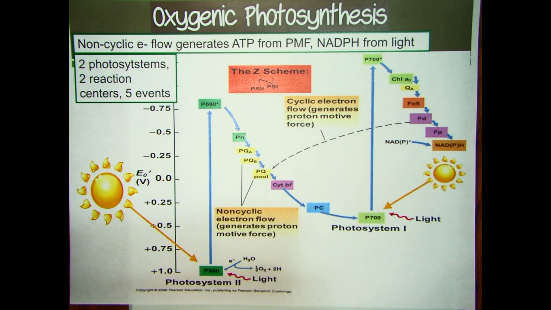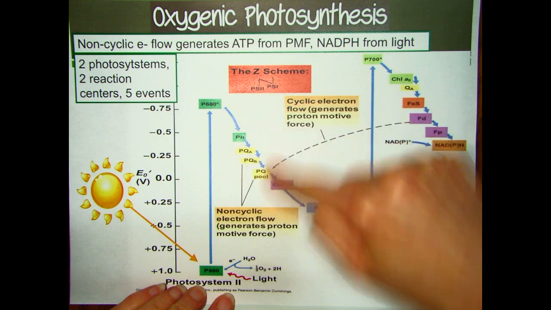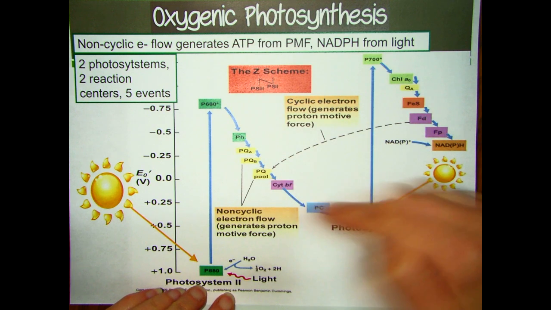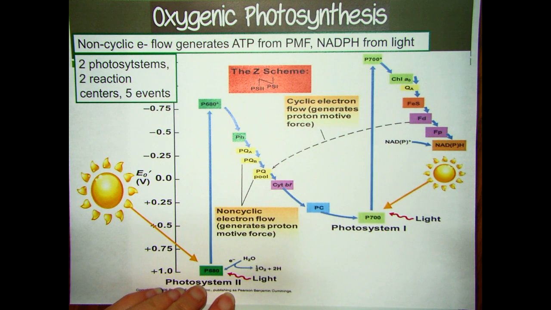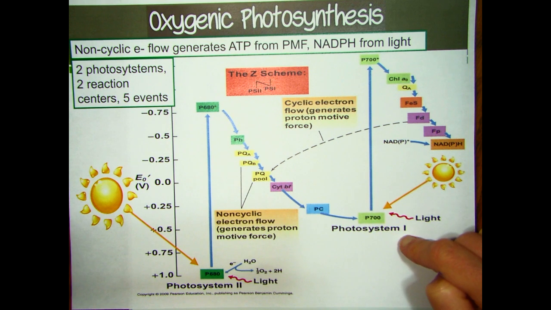And then all of that energy collected by the reaction center chlorophyll goes to energize electrons, which will come up here, go down an electron transport chain, which will generate PMF, and to a second photosystem, which is confusingly called photosystem 1.